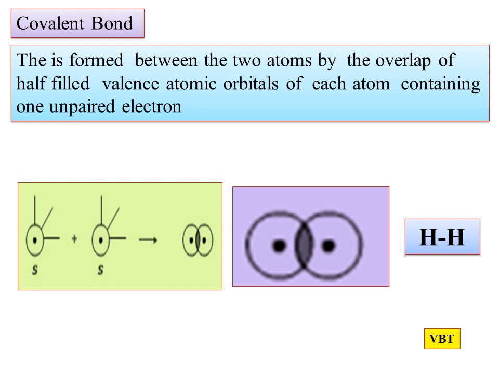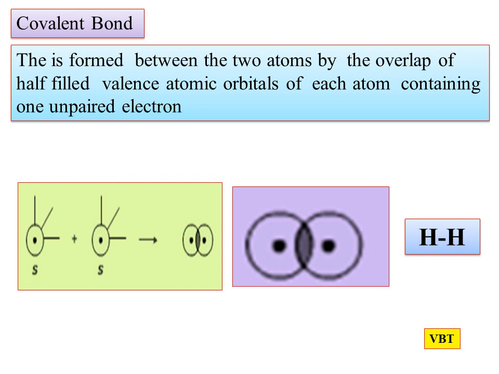So here the concept of overlapping comes. Two different atoms are there, and they have to overlap with the atomic orbital having the unpaired electron. They combine together, overlap and interact with each other to form the bond.